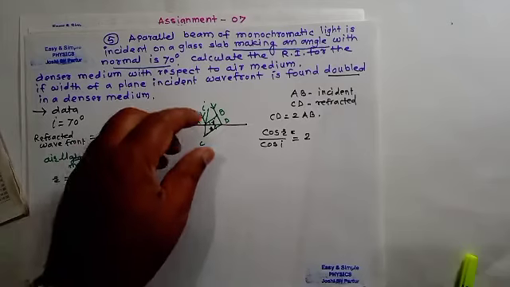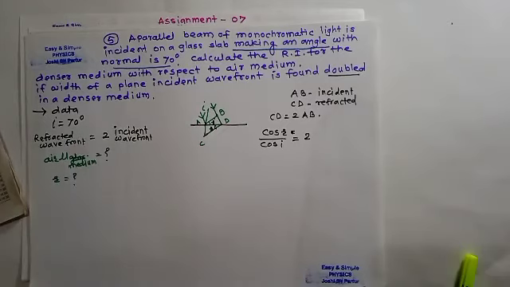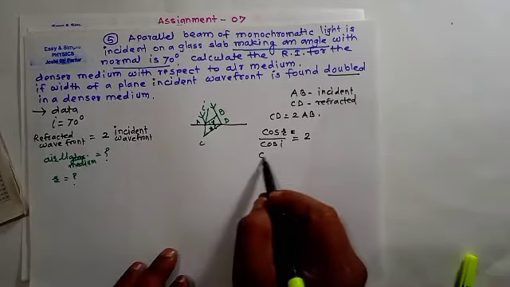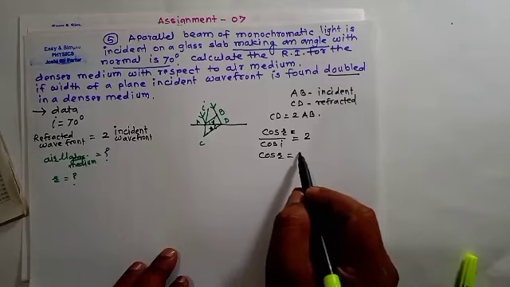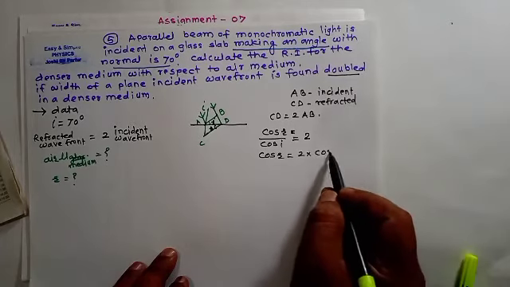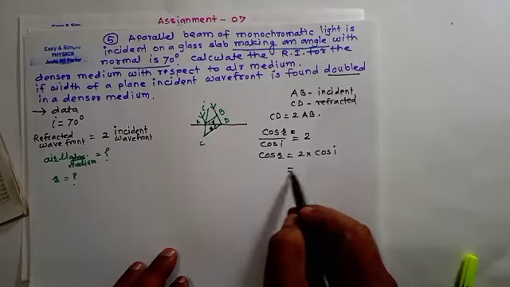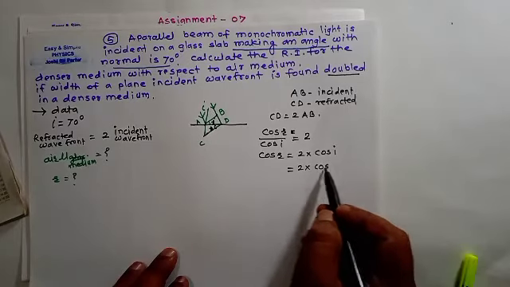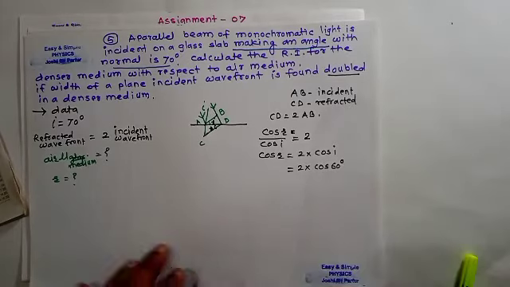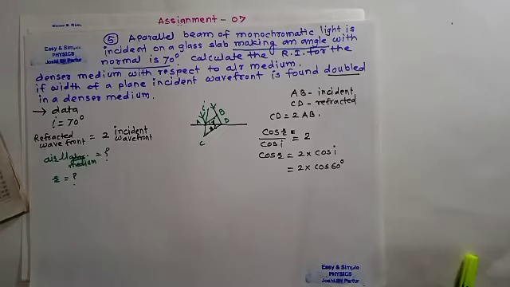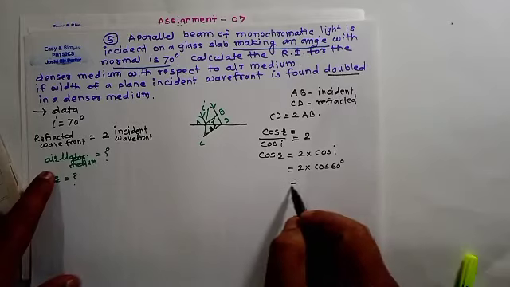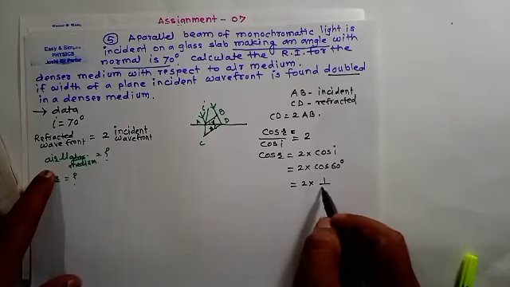Both ratio will be given as 2, means cos of R is equal to 2 times cos of I, means 2 multiplied by cos of 60 degree. If we see 60 degree, it will be 2 multiplied by 1 by 2.